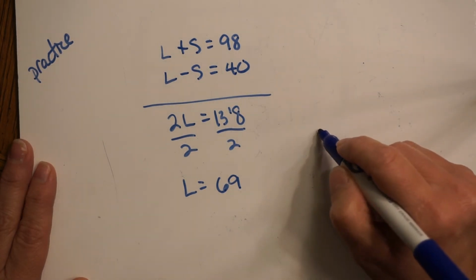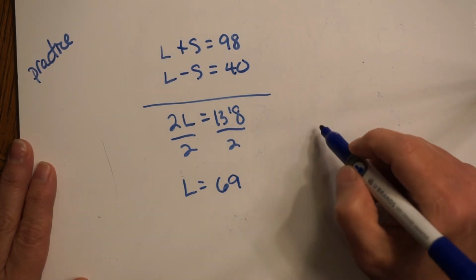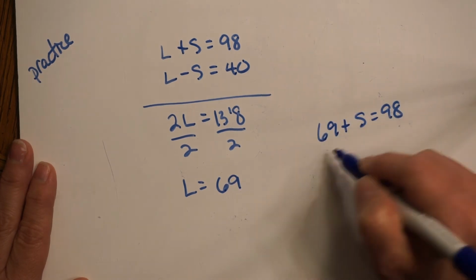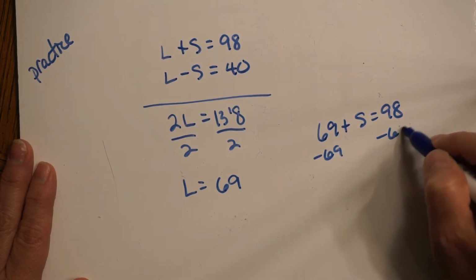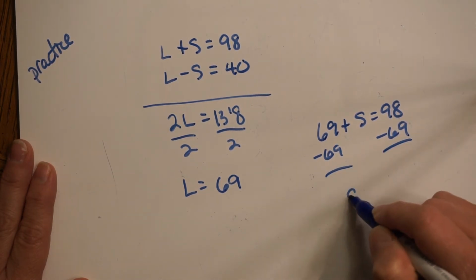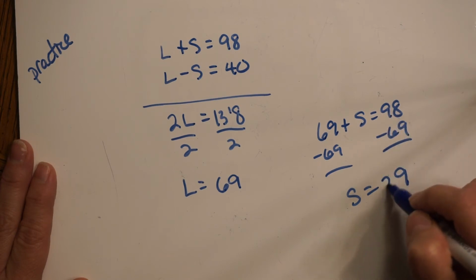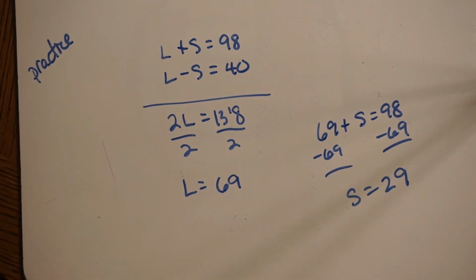So we can do, let's see, 69 plus the small is equal to 98. So the small is equal to 9, it becomes an 8, 29. So the large is 69 and the small is 29.